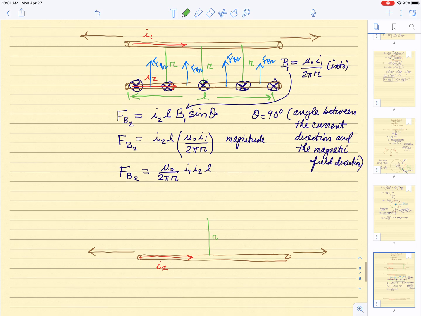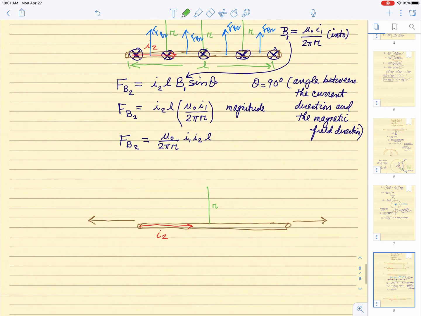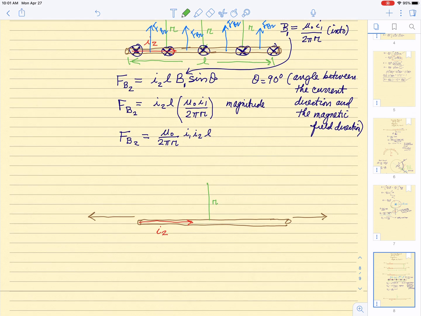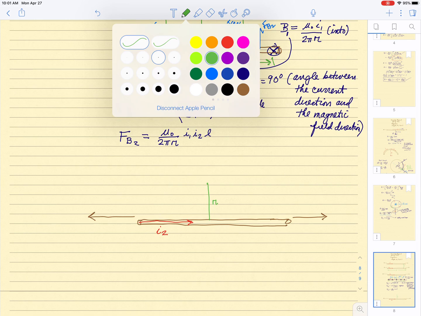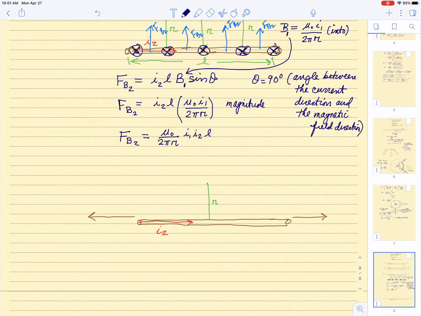Again, we can answer that question. The magnetic field is going to be equal to mu naught over 2 pi r times I. In this case, it's going to be I2, and so we'll call that the magnetic field B2.